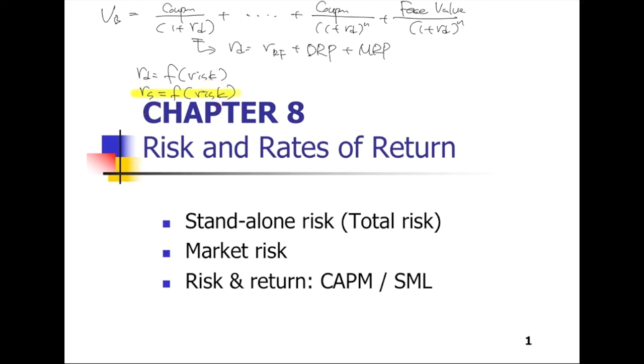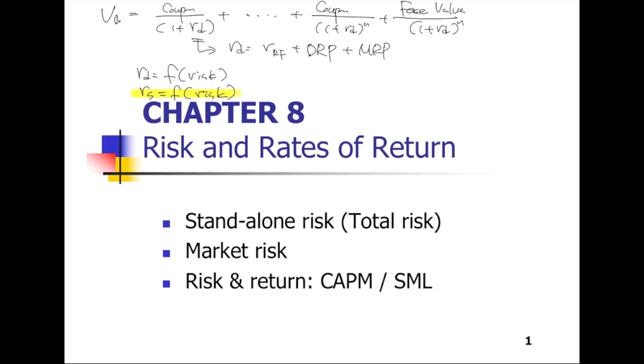There are two risks. Standalone risk, which we also call total risk, and the second one is market risk. We will learn more detail in this chapter. And there are some theories about the risk and rate of return. We call them CAPM, Capital Asset Pricing Model, and SML, Security Market Line.